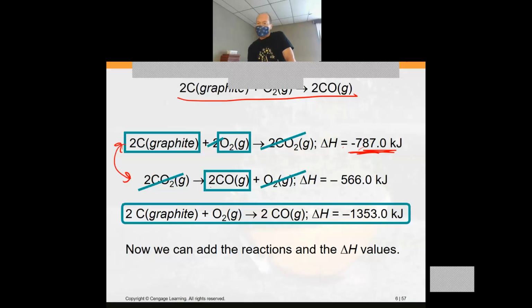The second one, you just write it down as given to you, and then you add them up, and you will get your overall reaction. I feel like this data is wrong, but fine. Whatever data they give you, you're going to use it. So the key is to follow the rules. The rules are your delta H's: you add up the two reactions, and you have to add these two delta H's in order to get the overall delta H value.